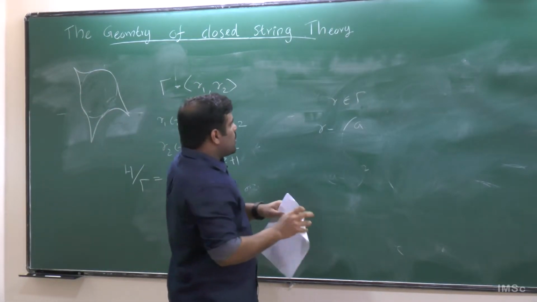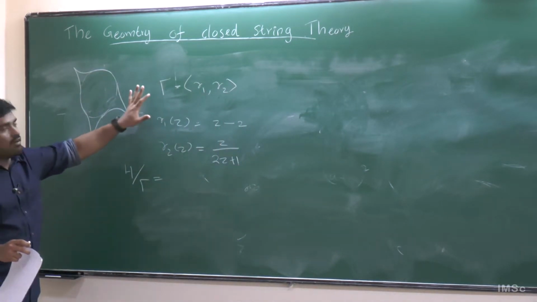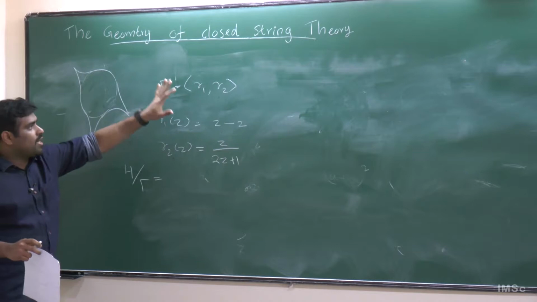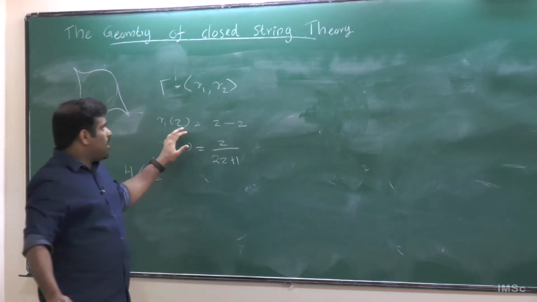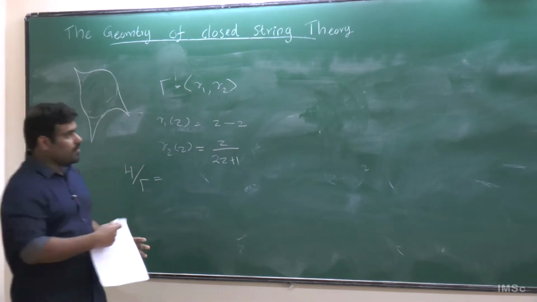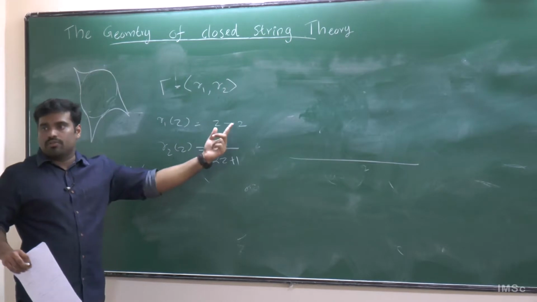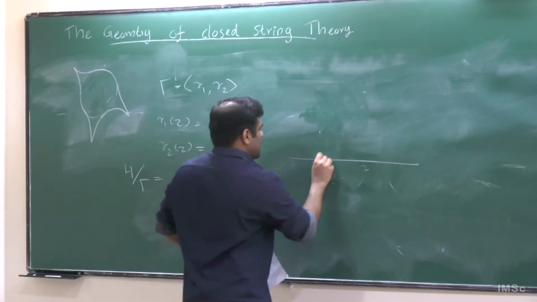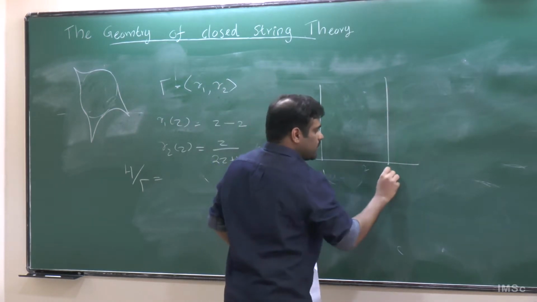So since you have a group, you can find how things are identified on the upper half plane. By that I mean we can try to figure out what is the fundamental domain for this group gamma on the upper half plane. Say let's look into the first transformation, C going to C minus 2. That identifies the line at minus 1 to the line at plus 1, right?